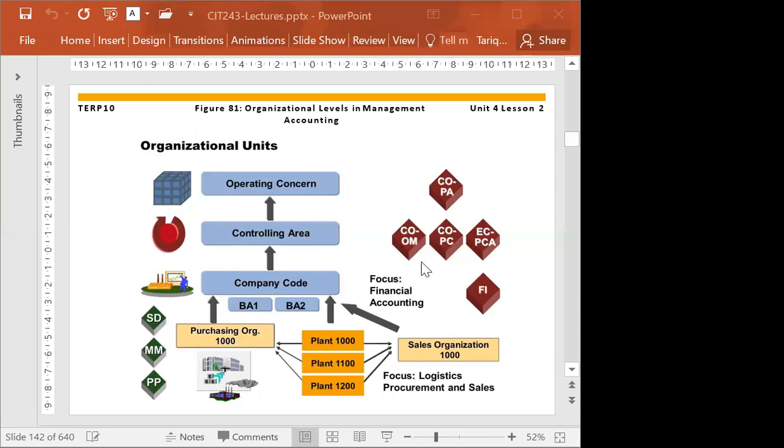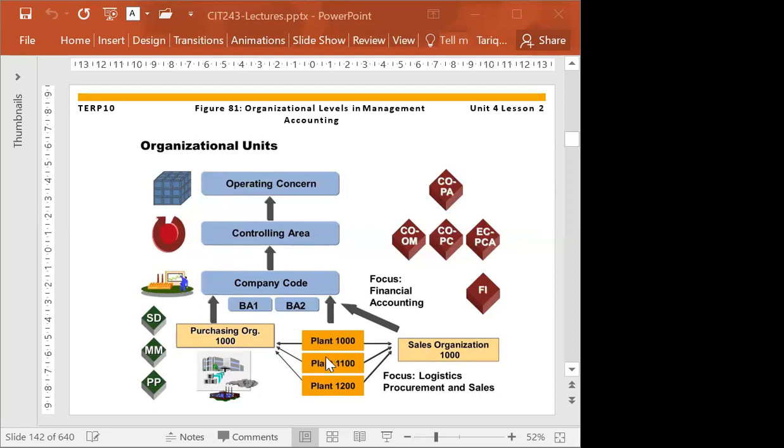So mostly, as we have seen, the data is coming from different sources. Mostly the data coming to controlling is from sales. All our revenue postings are coming from sales. We also get data from purchasing, when we create the purchase order and the commitment with that purchase order, that also goes to controlling. Similarly, we are producing some goods and services at plant level.